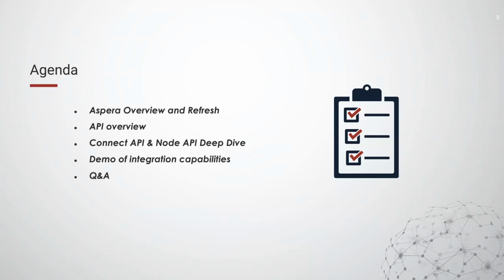In particular, we're going to focus on two of the APIs that are most commonly used when you're thinking about taking web applications and replacing the traditional transfer part of that workflow with Aspera technology. That's the Connect API and the Node API.